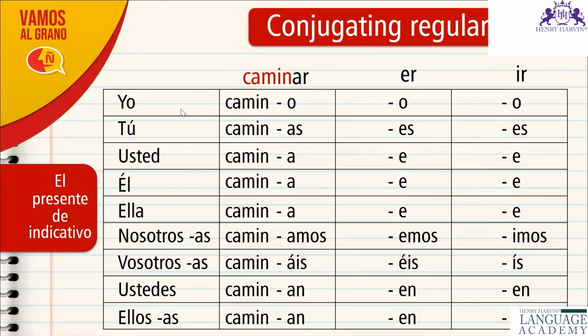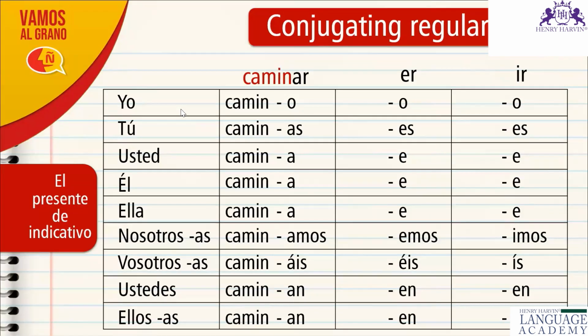Vosotros o vosotras camináis. You all or you guys walk. As I said before, this is the only conjugation in this tense that has an accent, as you can see here. Next one, ustedes caminan. You all or you guys walk. And finally, ellos o ellas caminan.